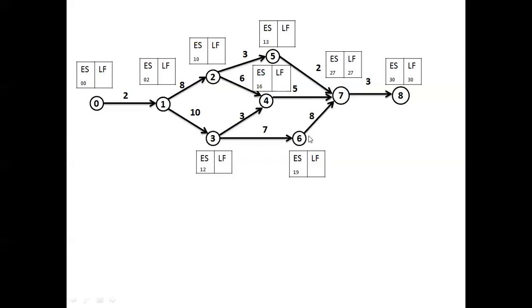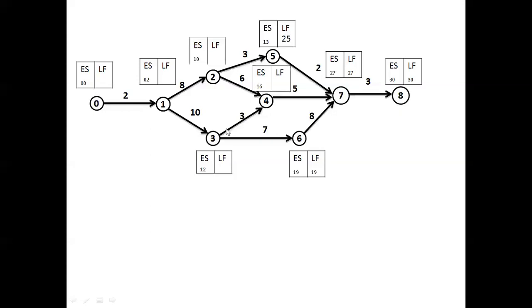we'll calculate in the back propagation, starting from event 7. After 7, let us move to 6. The latest finish time for the event 6, that is 3 to 6, is 27 minus 8, that is 19. Similarly, here also, the latest finish time for activity 2 to 5 is 27 minus 2, that is 25.